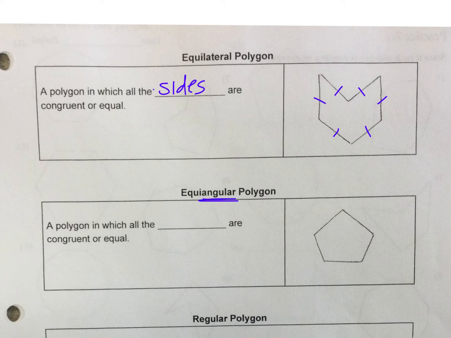Equiangular is close to the same thing, equal, but this one means all the angles. And to mark that, I do these rainbows. Everybody gets one arc in their corners. So equilateral are all the sides. Equiangular are all the angles.